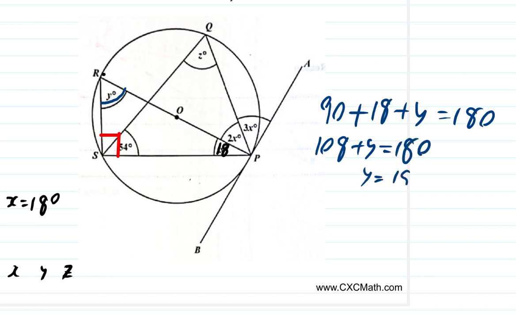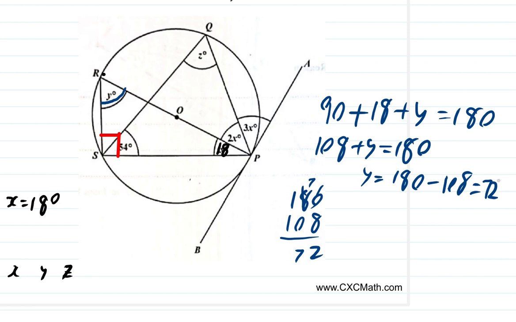Y would be 180 minus 108. What is that? 180 minus 108 is 72 degrees. So Y in this case is 72 degrees. So Y equals 72 degrees. Okay?